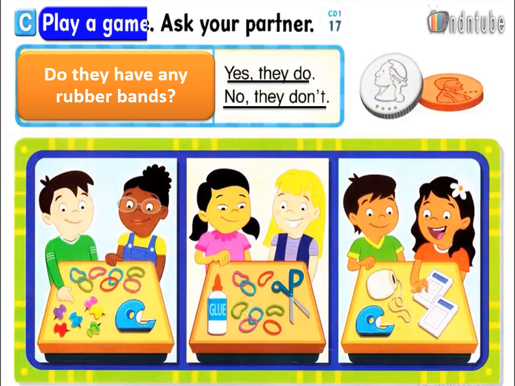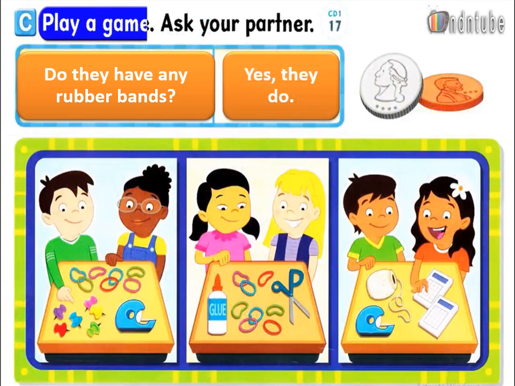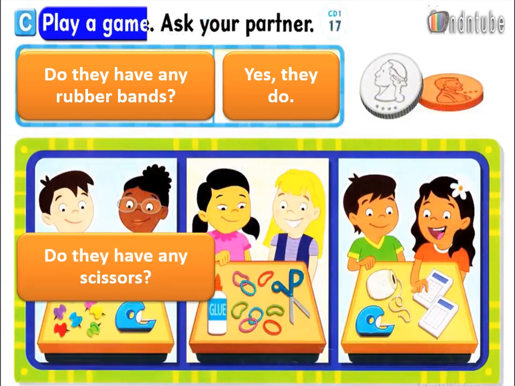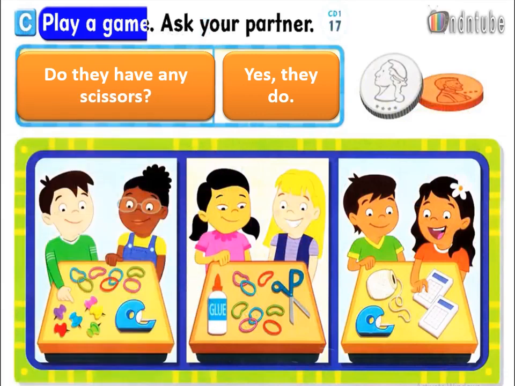Do they have any rubber bands? Can you see rubber bands? The answer is yes, they do. Very good. So I want you to please look at the following objects. Next. Do they have any scissors?